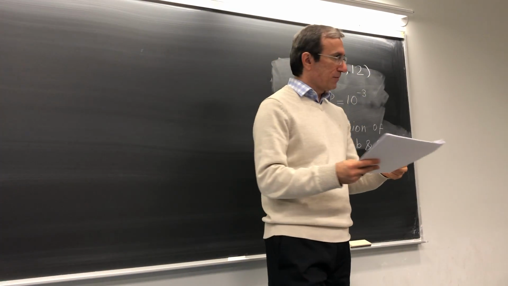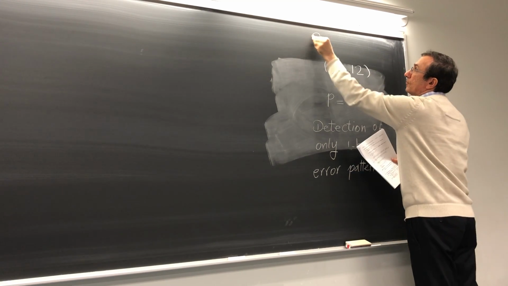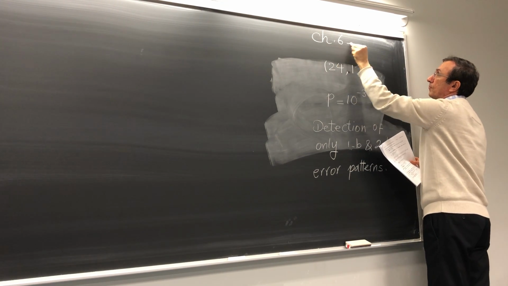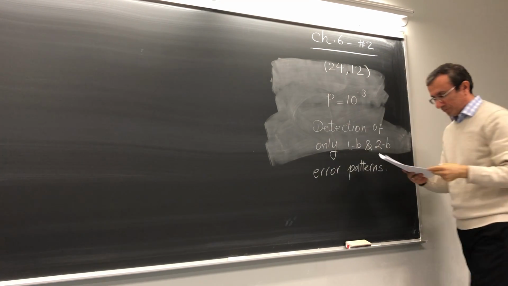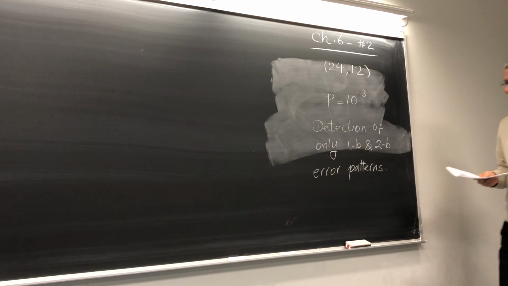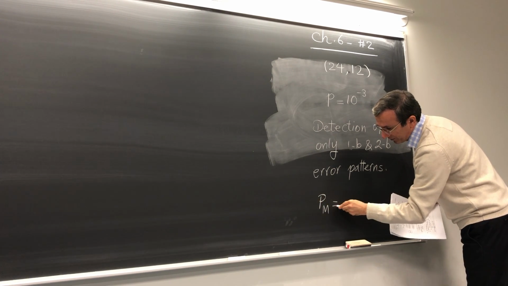This is number 2, chapter 6. What is asked is the probability of a message error.